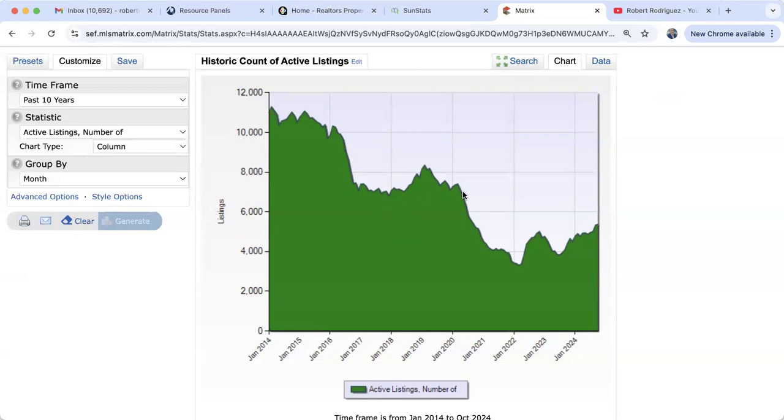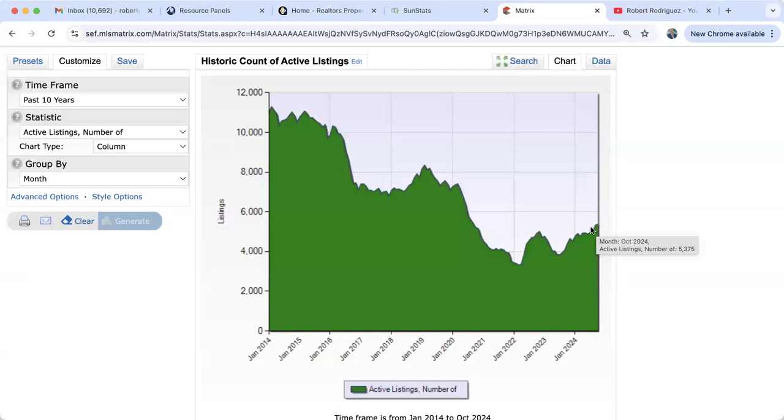The inventory decreased to just under 4,000. So from 11,000 to just under 4,000. And then we climbed a little bit, decreased, and then climbed again.